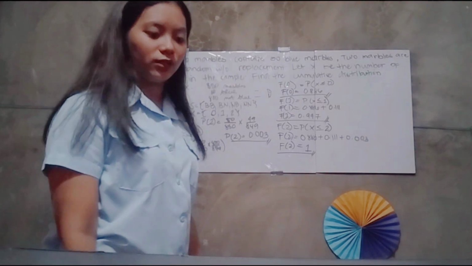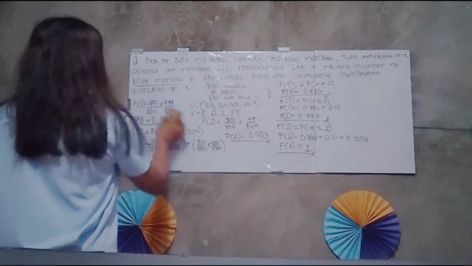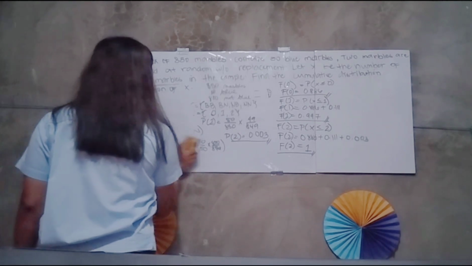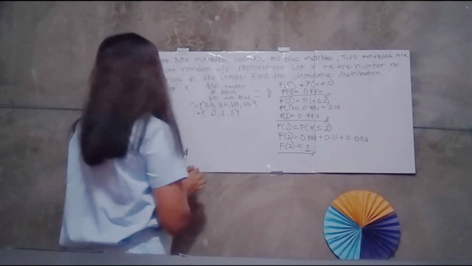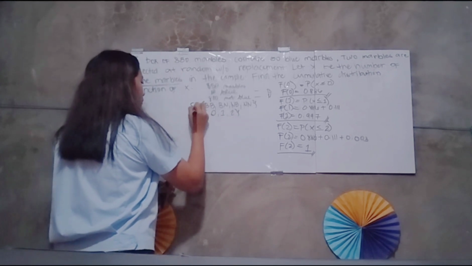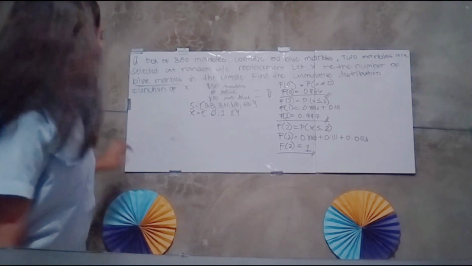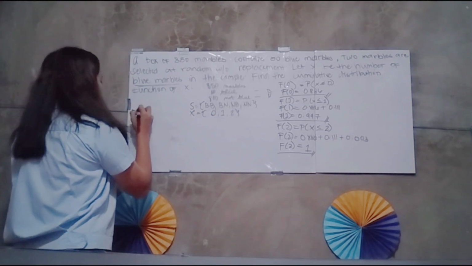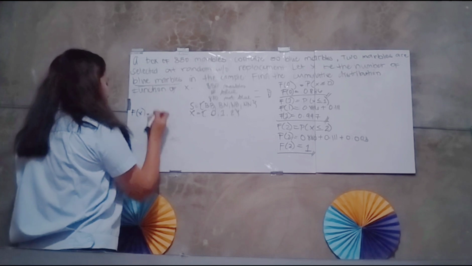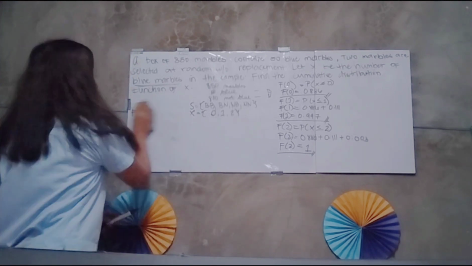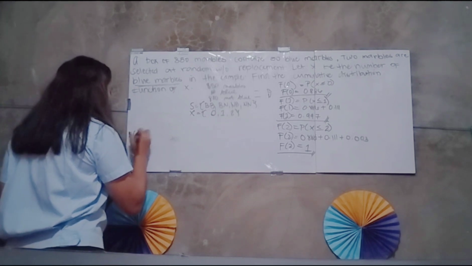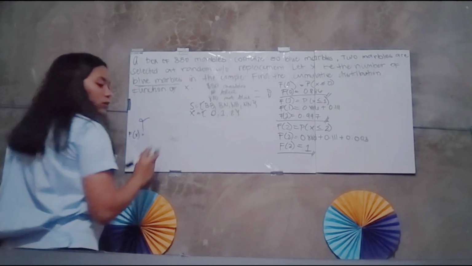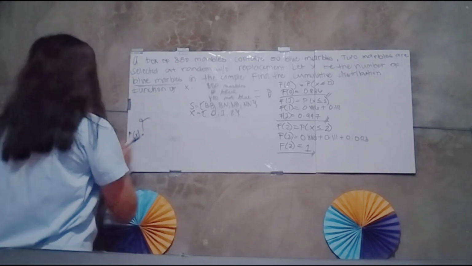Yan na ating cumulative distribution function. So, now, ituloy-tuloy lang natin ito. Ay, nabura siya. So, dito, F of x is equal to, ibaba natin ng konti para magkasya siya. Mali.